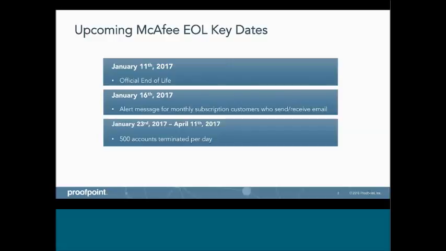So when we get to January 16, we're going to change that slightly such that any user who either sends or receives an email message through our service on any particular day will get a notification email reminding them of the service termination. We'll only send one per day, and we'll only send that on days where they have either sent or received a message.